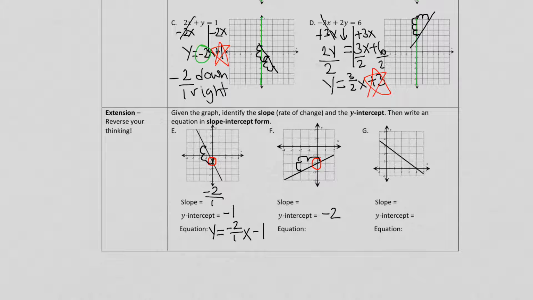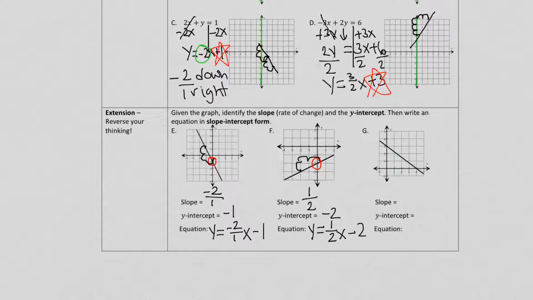So this is going to be a positive slope. It's going to rise 1, and it moves to the right 2. So again, we're going to do y equals my slope 1 over 2, x, and our y-intercept is negative 2.